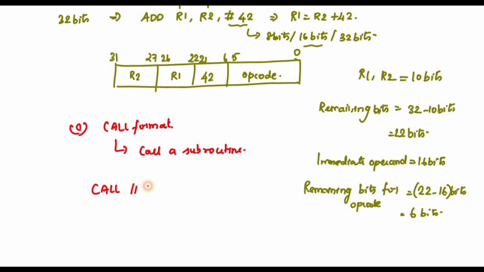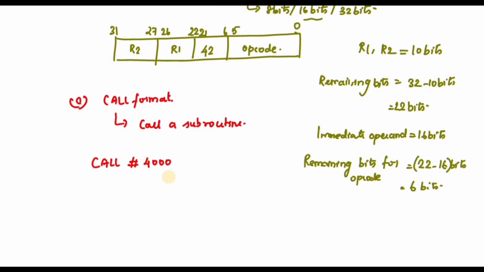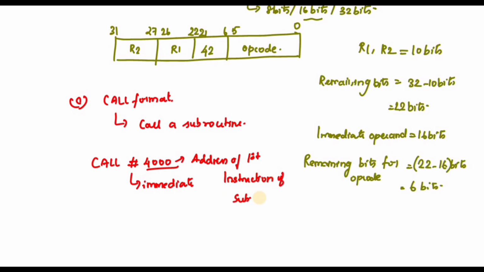So it must be call, hash some address. This represents the immediate, and this address tells the address of the first instruction of the subroutine.